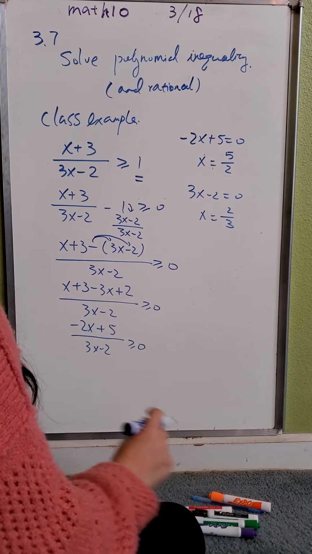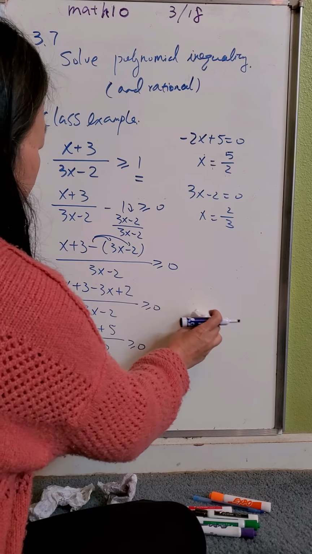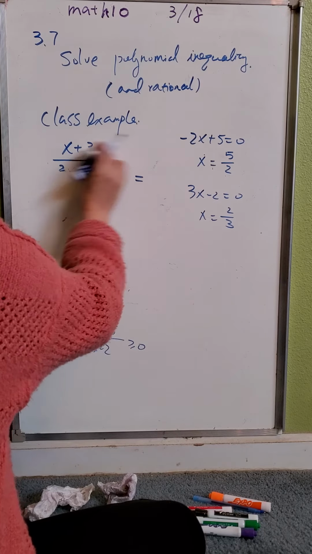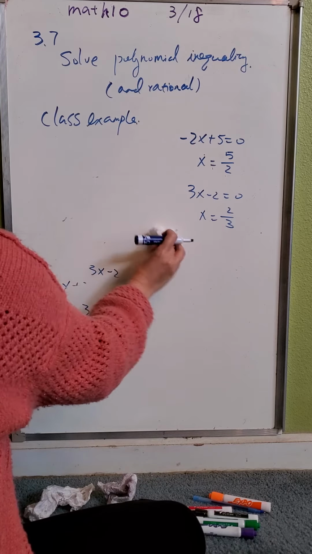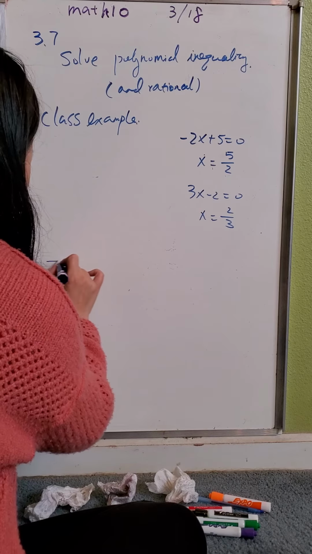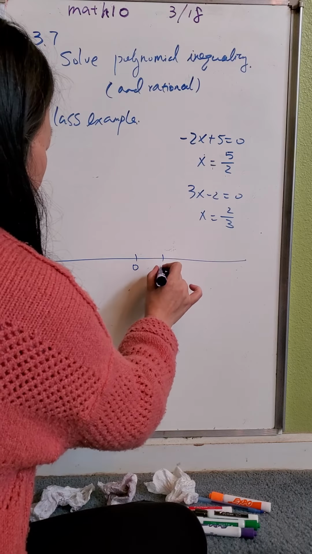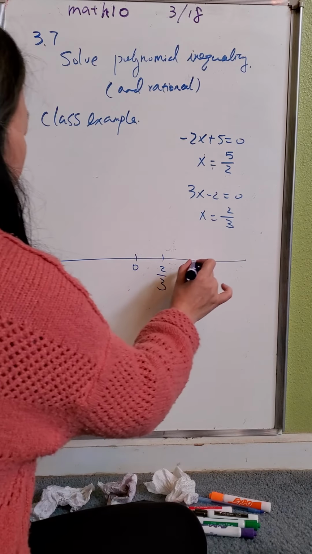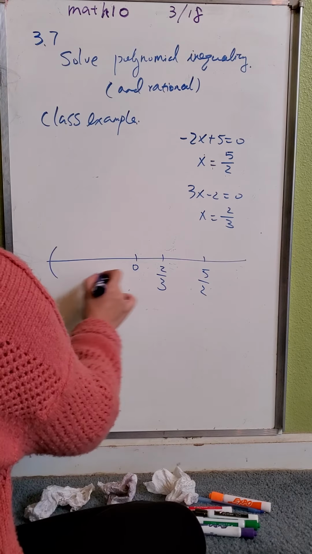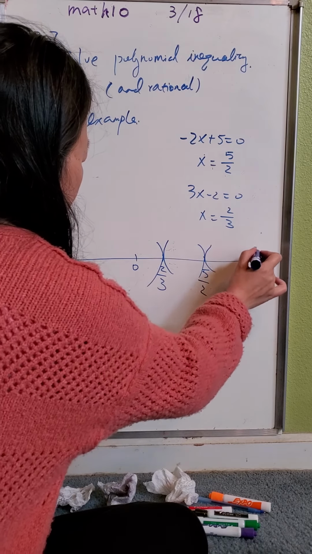And then I'm going to draw a line, so I need a little bit more room, so I'm going to erase this part. I put 0 here, so I put 2/3 and then 5 over 2. So I know my answer is going to come from here, here, or here.